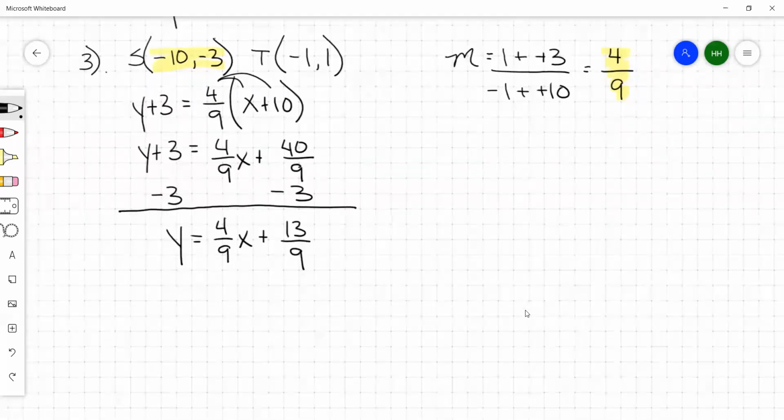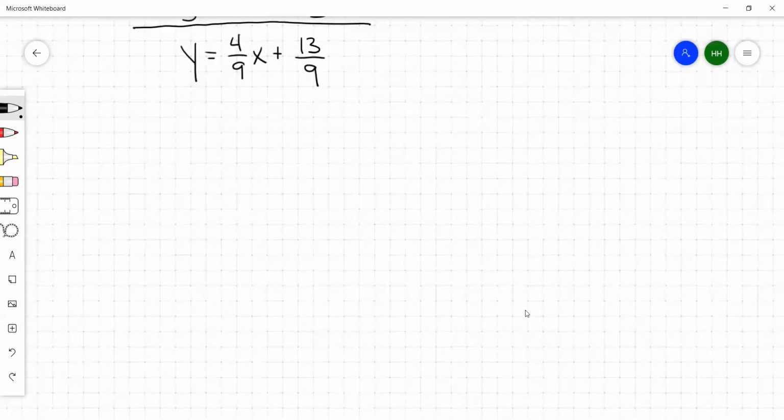Number 4. What is an equation for the line that passes through the points? So they give you the points, 8, -3, 9, 10. All of the equations that they give you are in point-slope form.